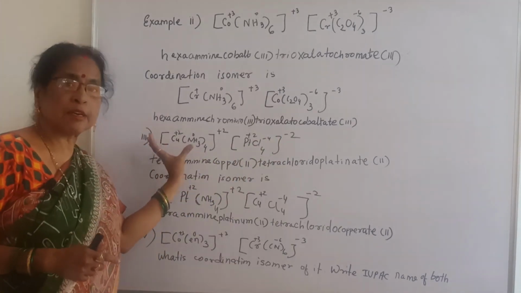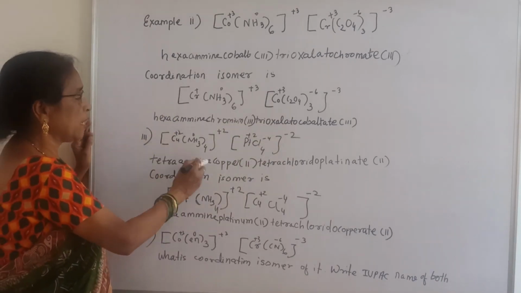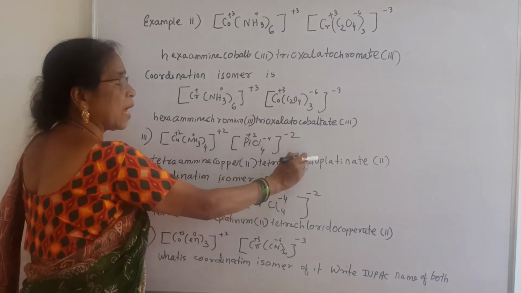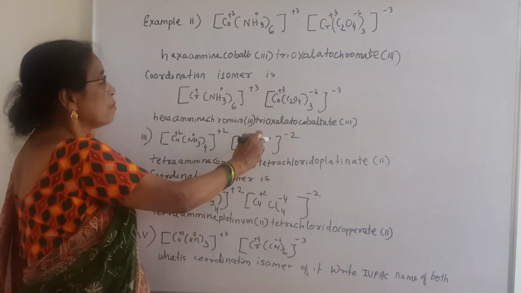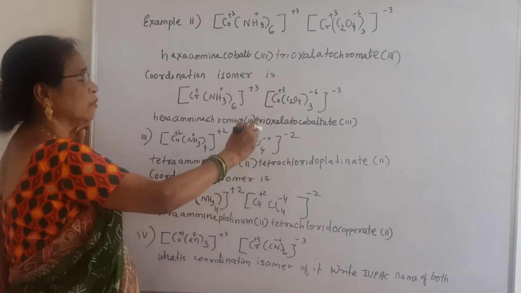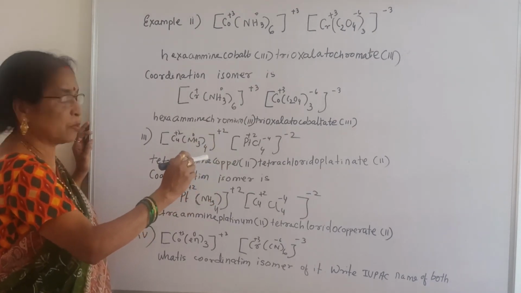This part is the cation part, this part is the anion part. What is the name? Tetraamminecopper(II) tetrachloridoplatinate. Why platinate? Because it is an anionic complex. So the metal ends in -ate with a Roman numeral.